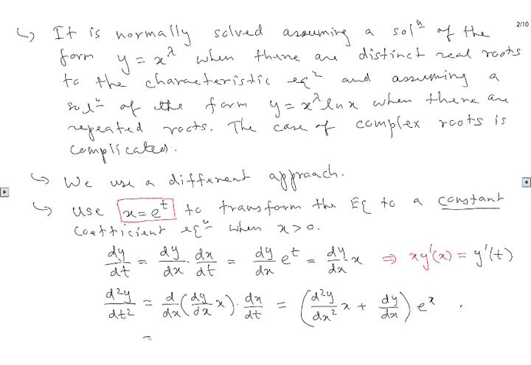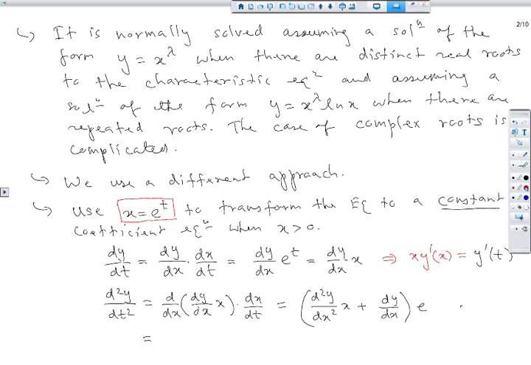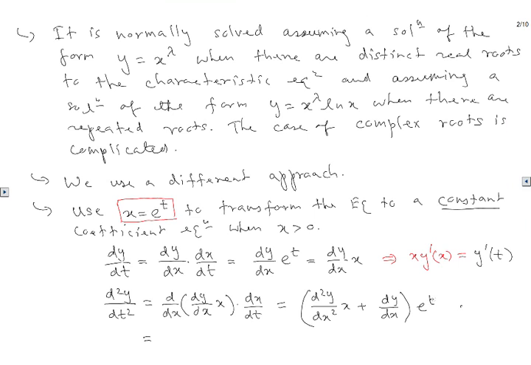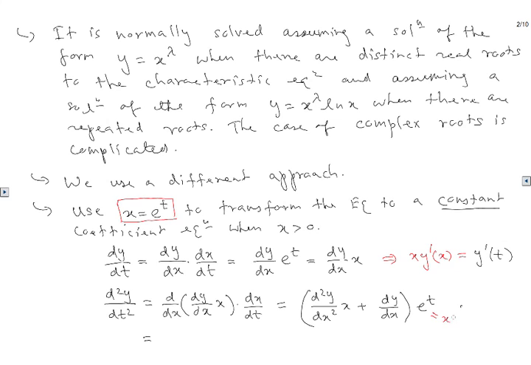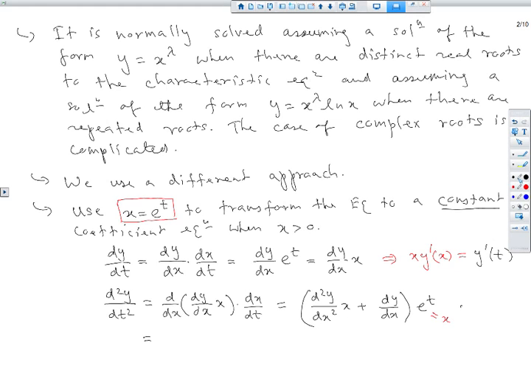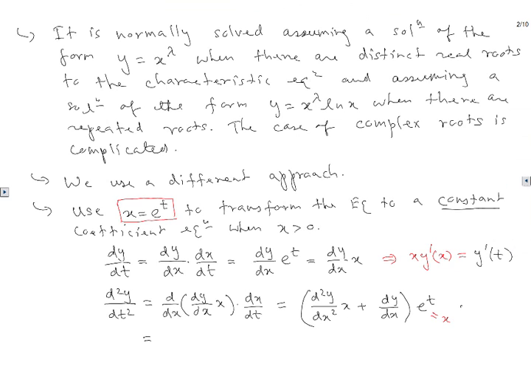So we can write this as d squared y over dx squared times x squared plus dy over dx times x.